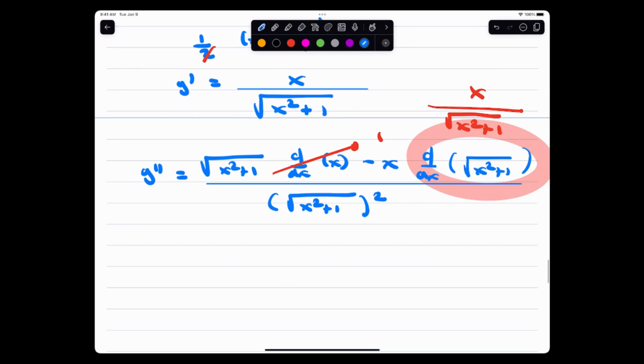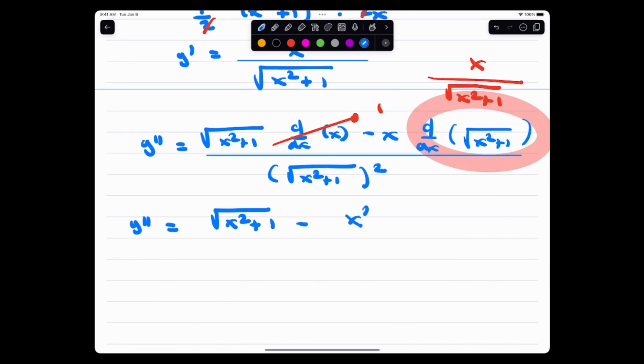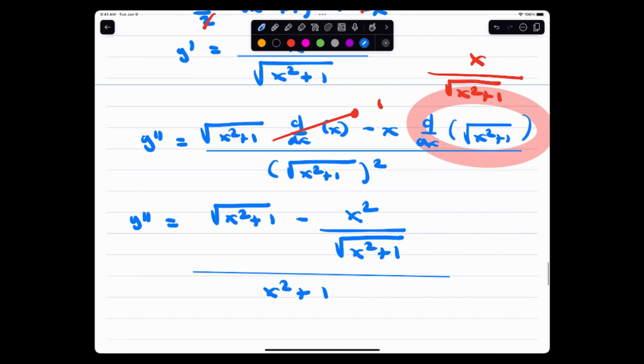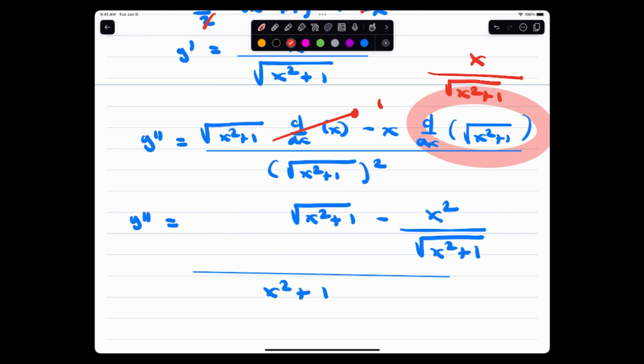Okay, let's put this all together now. The second derivative will be square root of x squared plus 1 minus x squared over square root of x squared plus 1, everything over just the x squared plus 1 here. Because the denominator, you have that radical to the second power. And so now you might say, what do I do here? Square root, right?